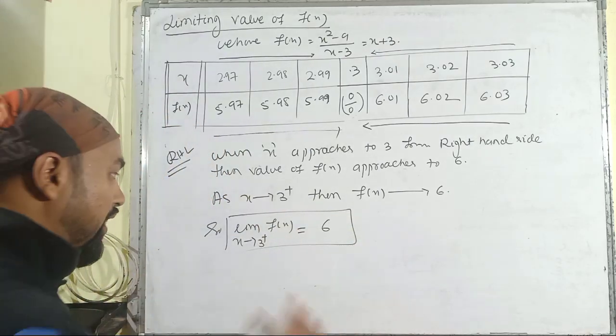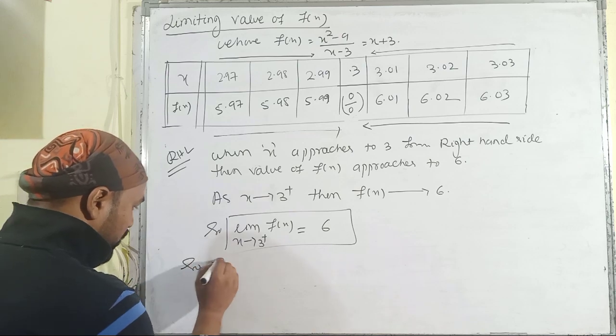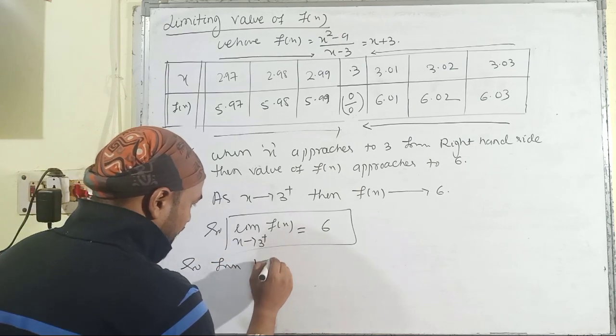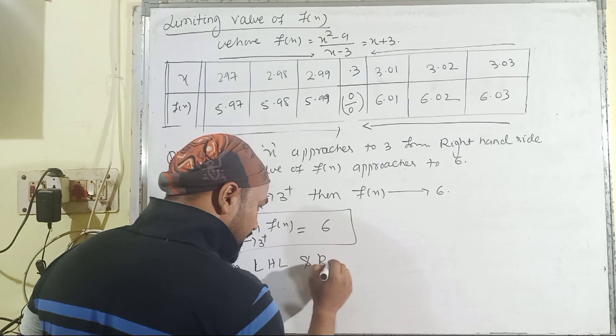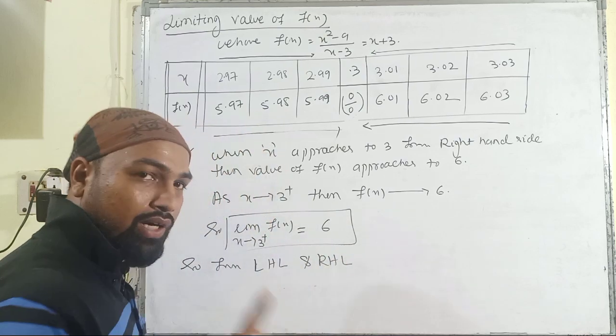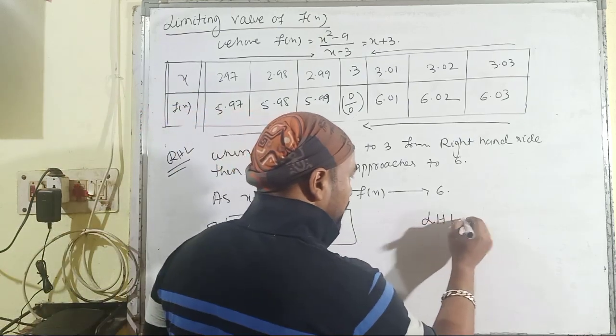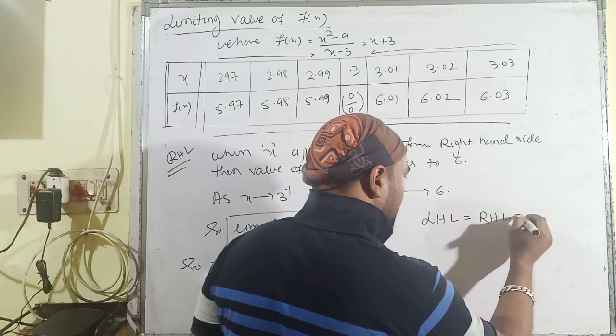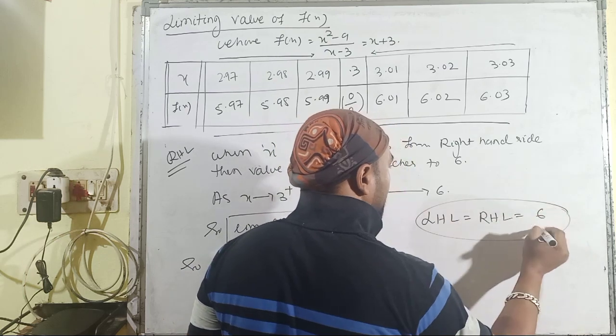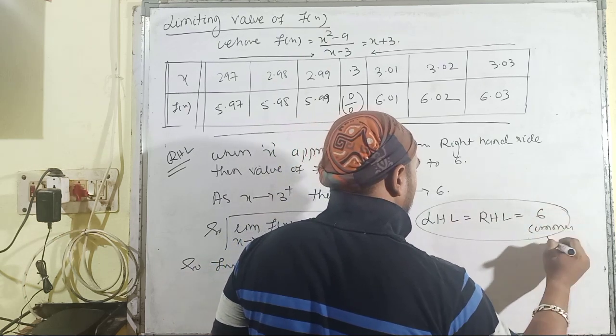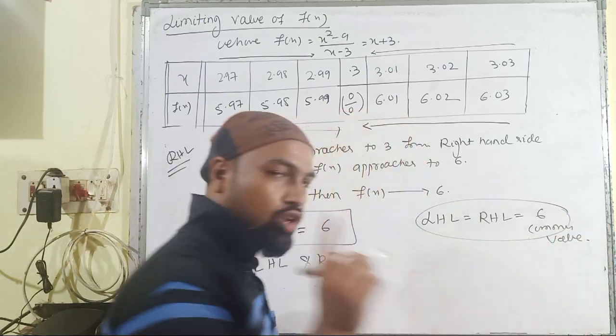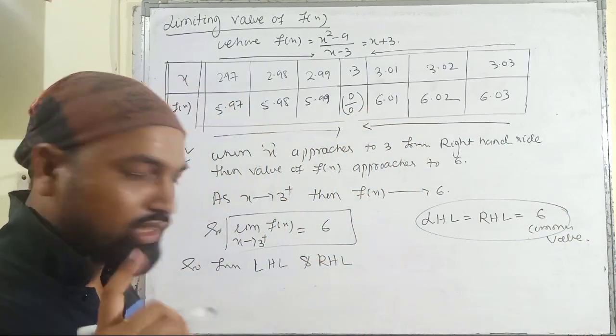So from the left hand limit and right hand limit, because the left hand limit is equal to the right hand limit, the common value is 6. This is the common value. As they are approaching the common value, that means the limit exists here.